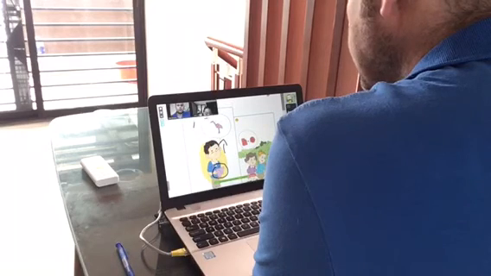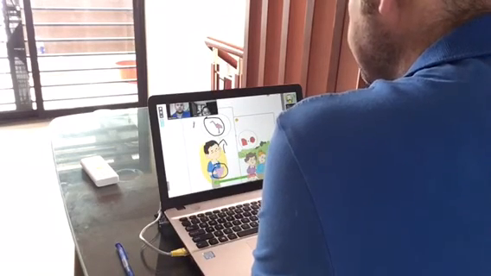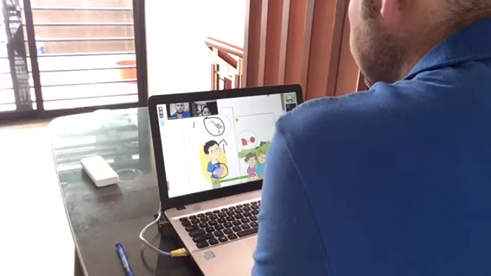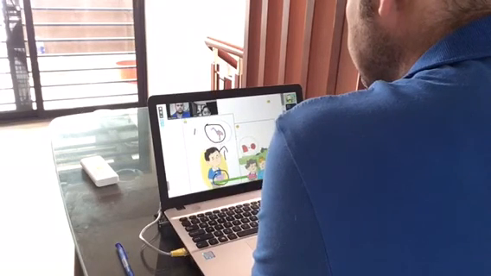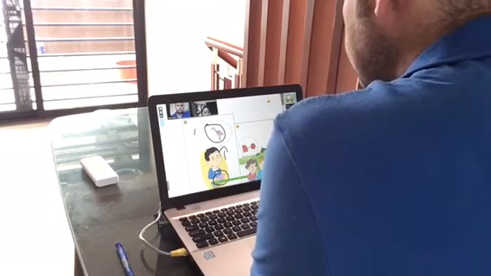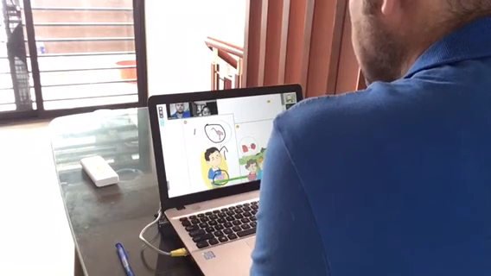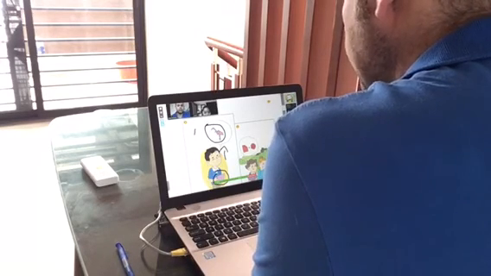What does the girl want to make with a piece of paper? She can make a crane with paper. Yes, she wants to make a bird with paper.